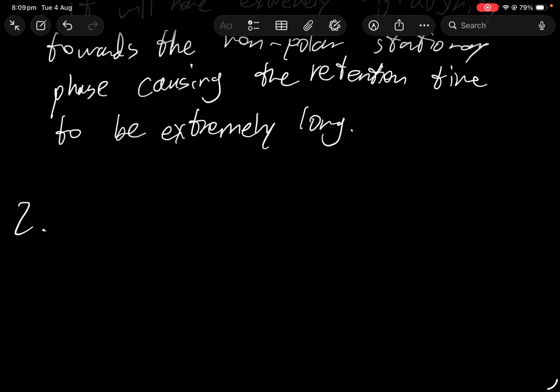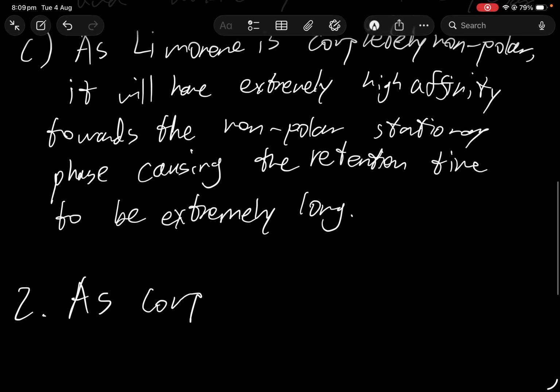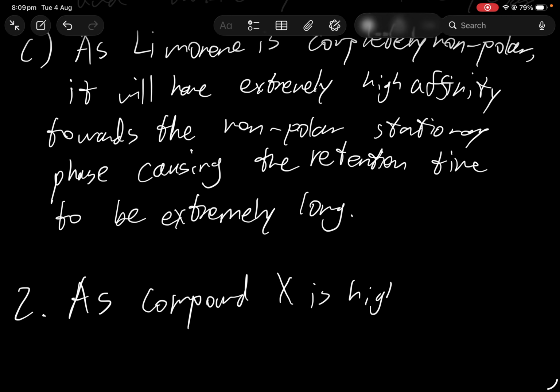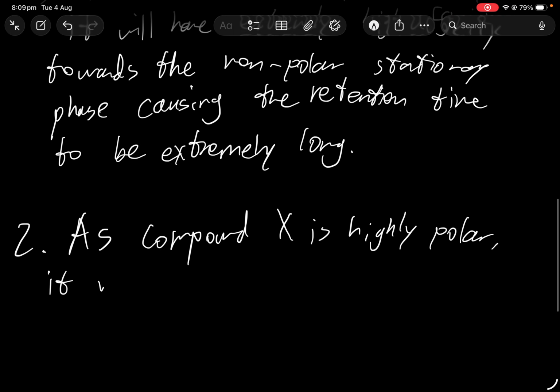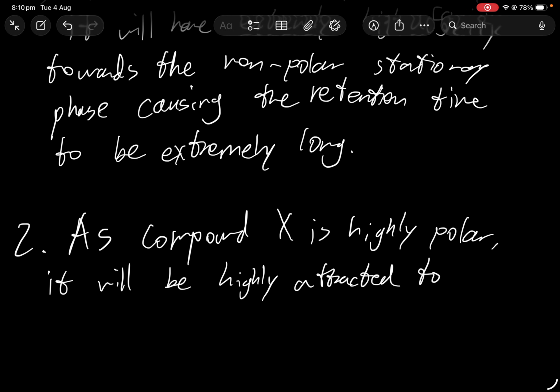So basically, as compound X is highly polar, it will be highly attracted to the polar stationary phase.